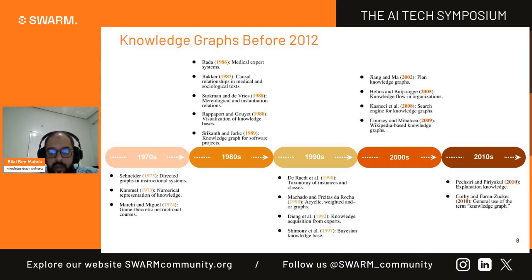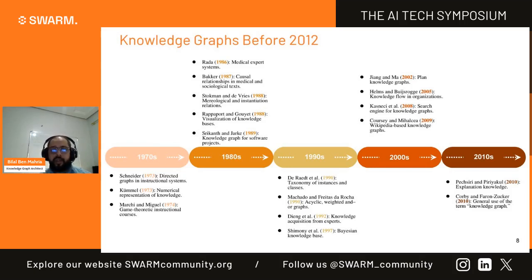And after that, we have the period of the 1980s. In this period, we have Rada, the person that laid the groundwork for advanced decision support in healthcare, understanding complex interactions and structuring knowledge. Then Jarkey introduced knowledge graphs for managing and visualizing software project knowledge. Then in the 1990s, the definition of knowledge graph was refined by including the terms taxonomy of instances and classes.